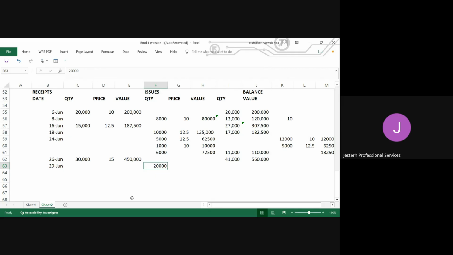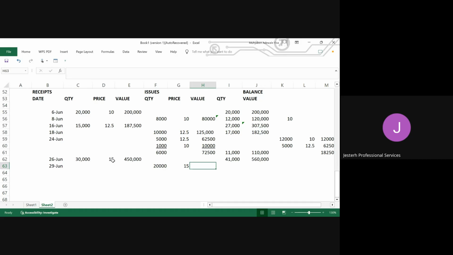But in this scenario, what they brought into the store on the 26th can cover what they require us to issue out on the 29th. So we'll just issue it out by considering the unit price of the product that we just brought into the store, which is 15 naira.